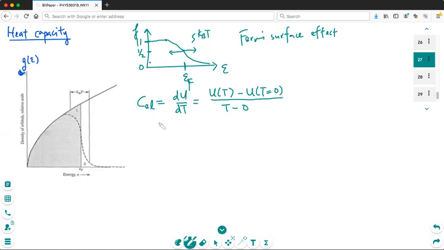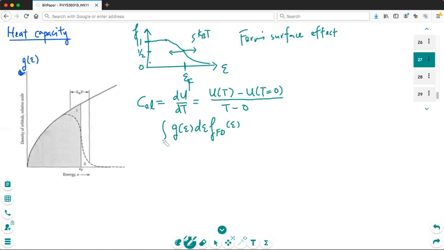First, I need to be able to calculate the number of electrons. The way to calculate it is as before: we do this integration, G(E) dE times the Fermi function, and this will give me the number of electrons.